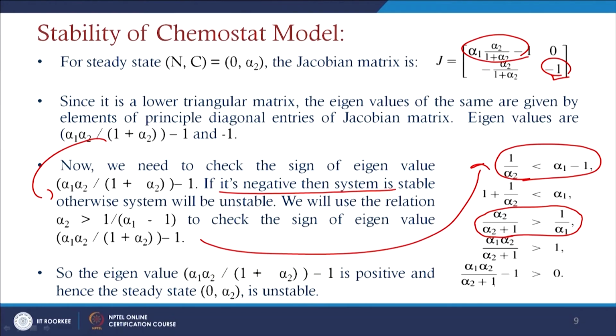Finally, if we take all the factors to the left hand side, alpha 1 alpha 2 by alpha 2 plus 1 minus 1 is greater than 0. And obviously, the factor we have obtained here, alpha 1 alpha 2 by 1 plus alpha 2 minus 1, is representing a positive value, and hence the point will give you an unstable solution here.